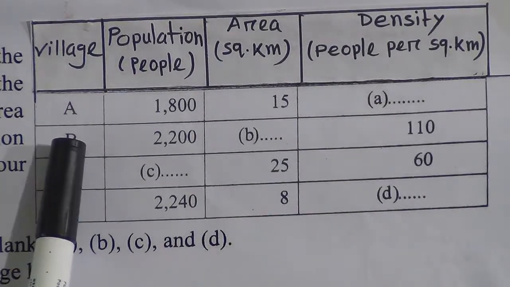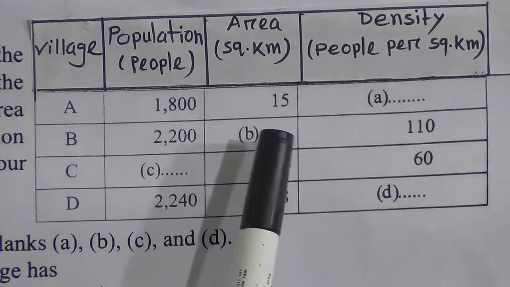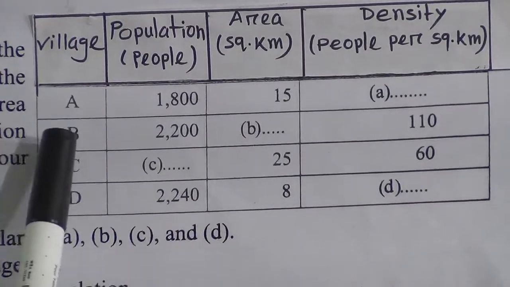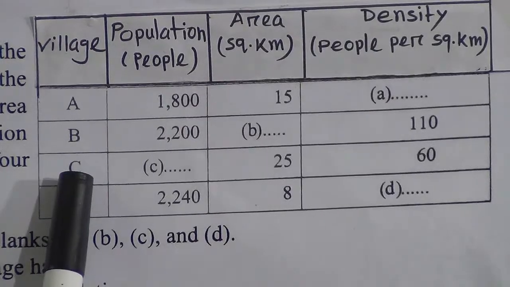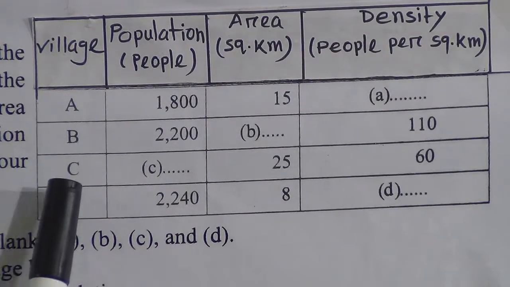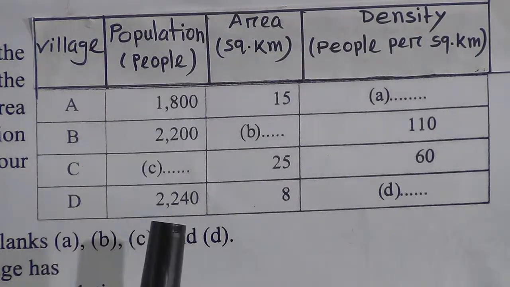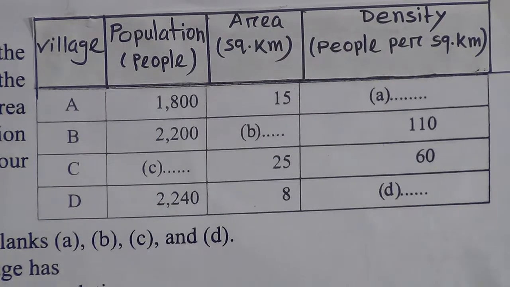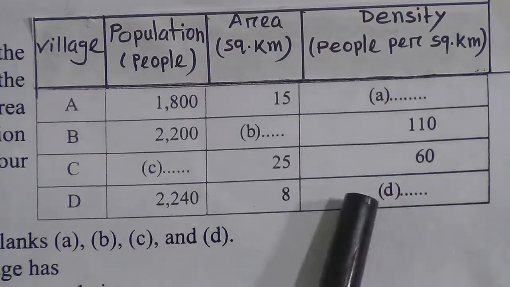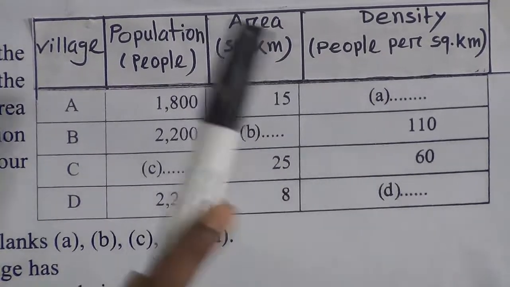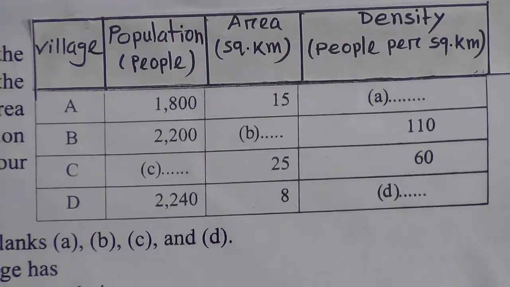In part B you have to determine the area of village B. Similarly, in village C you have to determine the population, and in village D you have to determine the population density.